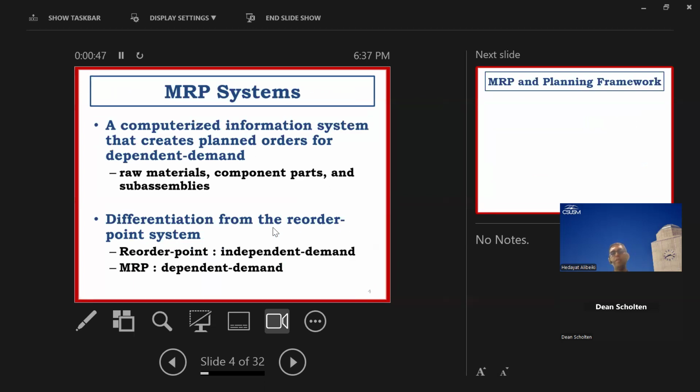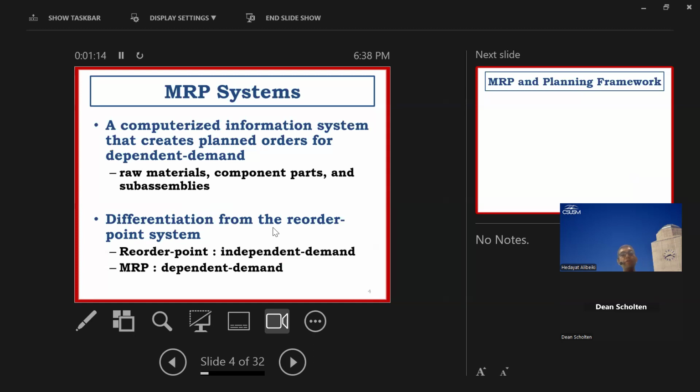The MRP table is a computerized information system that gets input from the forecast and all the master data we talked about, lead time, scrap information, suppliers, and so on, and then gives you the plan.